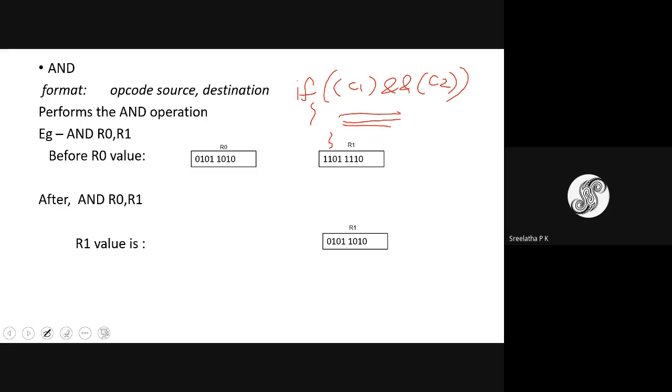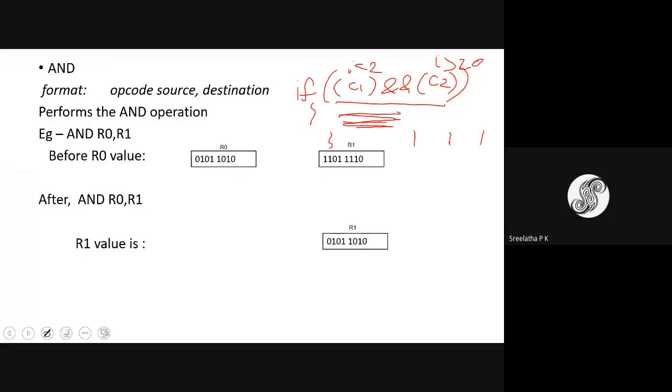You can give conditions like: if i is less than 2 and i is greater than 20. It works only when the conditions are true, that is, if both conditions are true, 1 1, then the condition is true.